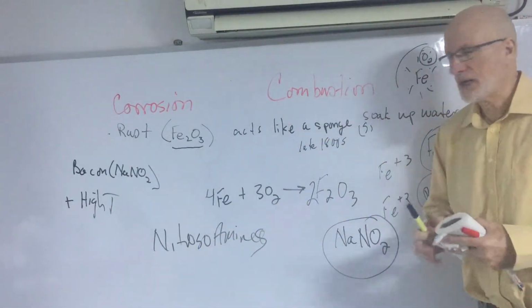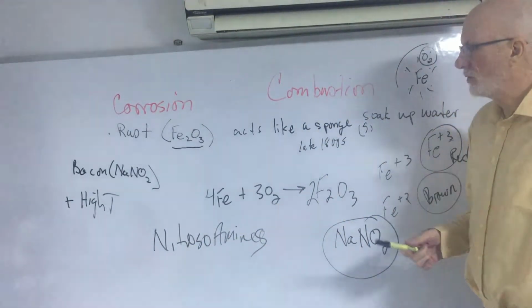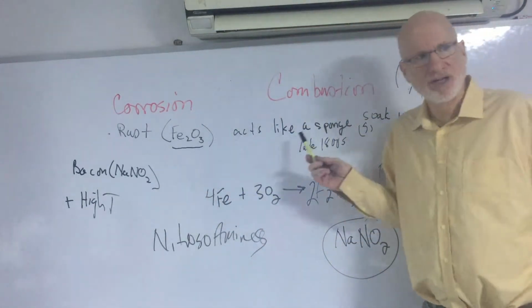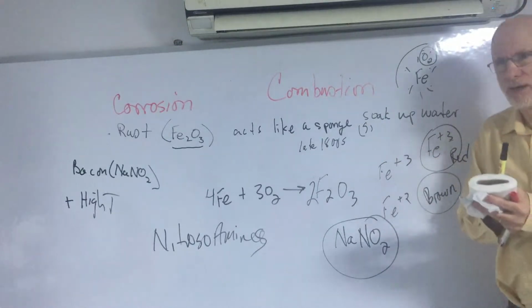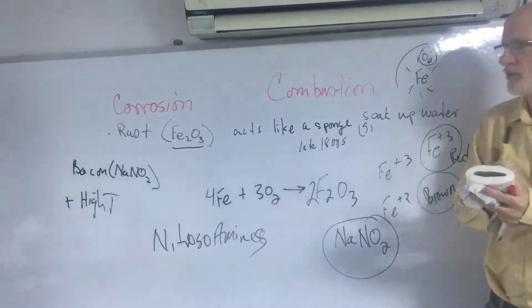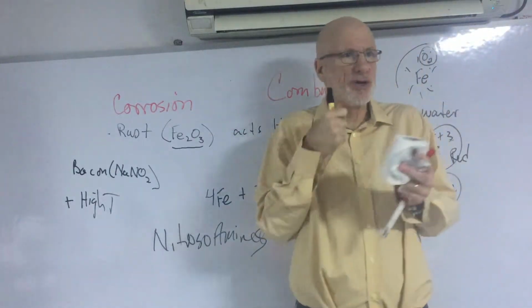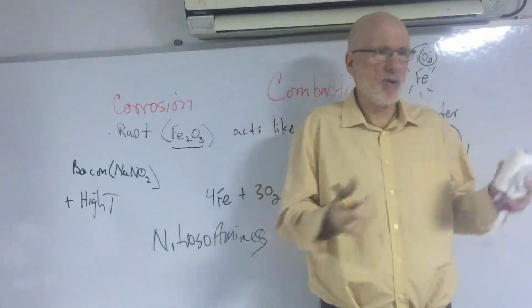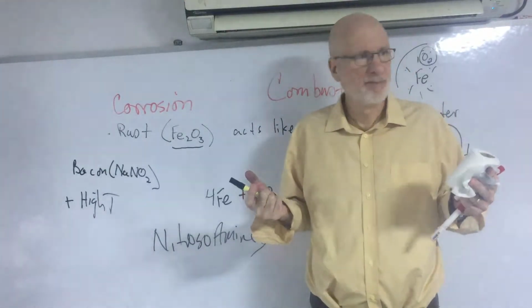So let's just review what I said. You have rust, correct? You have rust, which is very sponge-like. It absorbs water with the oxygen in it, and it catalyzes the reaction for the formation of more rust. So you can literally take a giant iron ship and degrade it into nothing, correct?